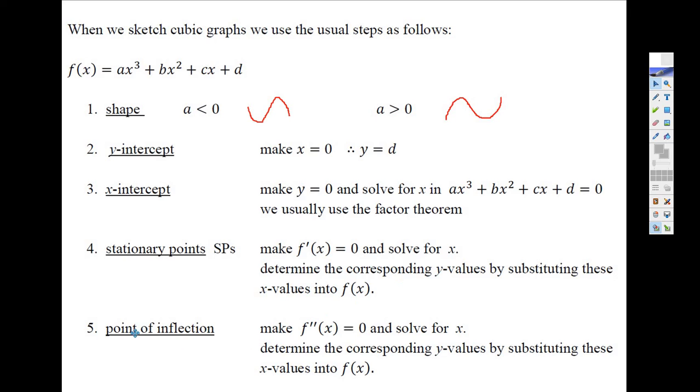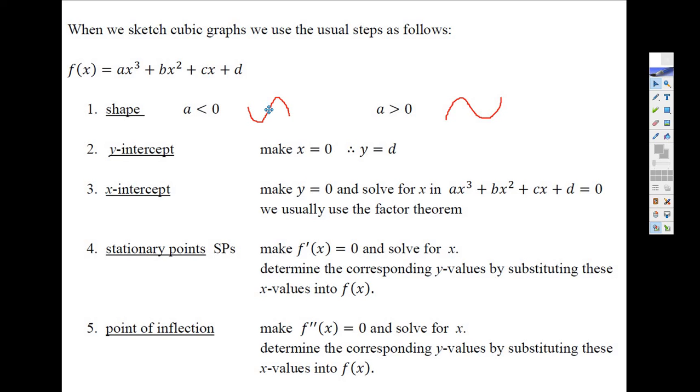And the last thing is called a point of inflection. You take the derivative of the derivative, and you make it equal 0, and that gives you the inflection point. And what does it tell you about? It tells you about concavity. This is concave up when it's shaped like this, and this is concave down.